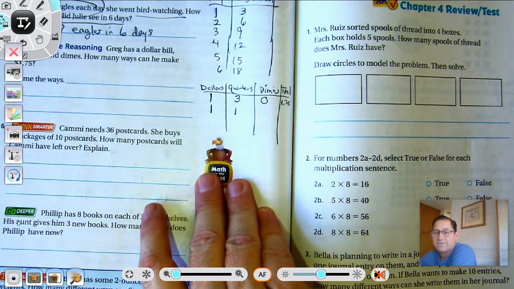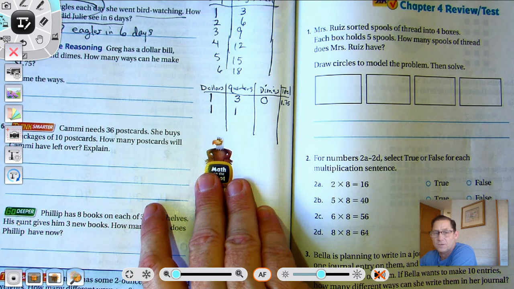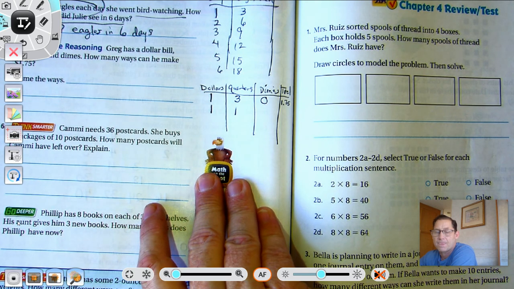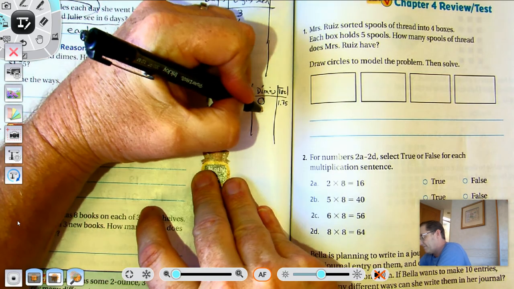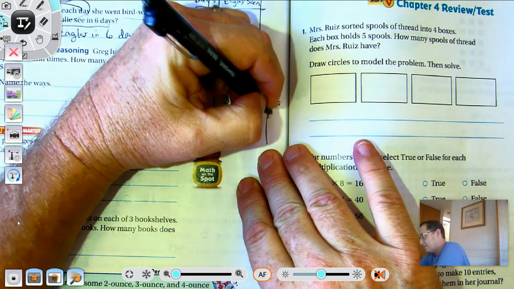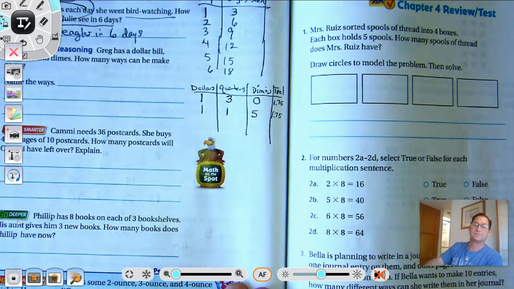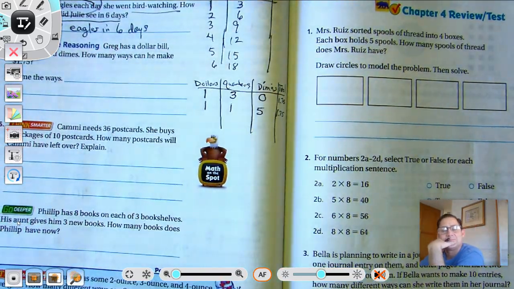That's $1.25. Okay, $1 and a quarter is $1.25. And I need 50 more cents to get to $1.75. Well, a dime is worth 10 cents, right? So I could have 5 dimes. That would be $1.75. All right.